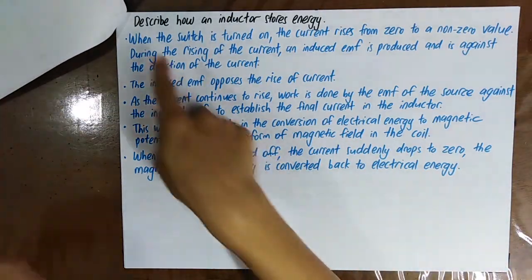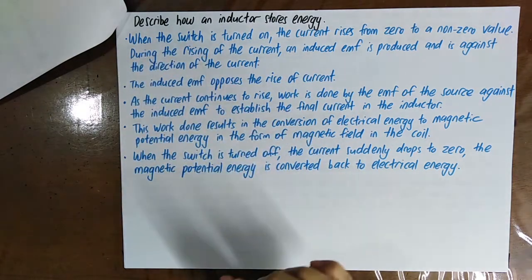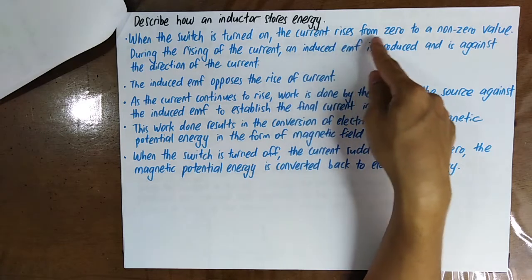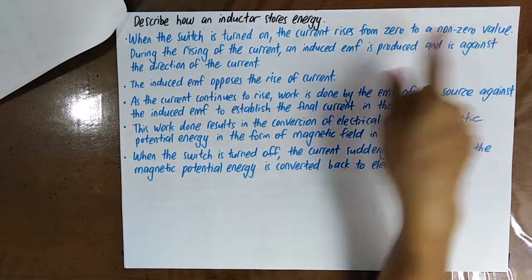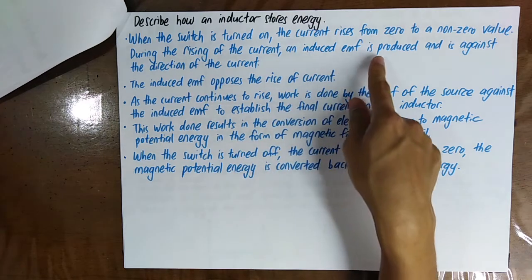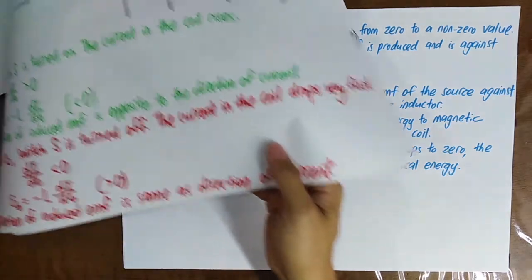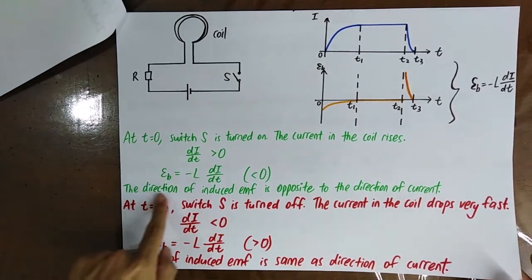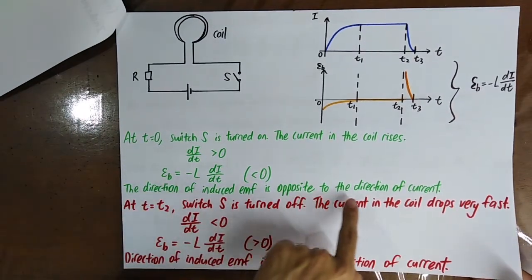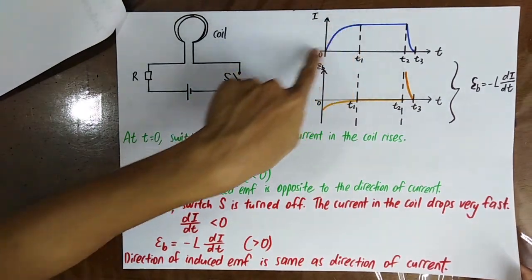So please describe how an inductor stores energy. When the switch is turned on, the current rises from 0 to a non-zero value. During the rising of the current, an induced EMF is produced against the direction of the current, because the direction of the induced current is opposite to the direction of current when the current is rising.